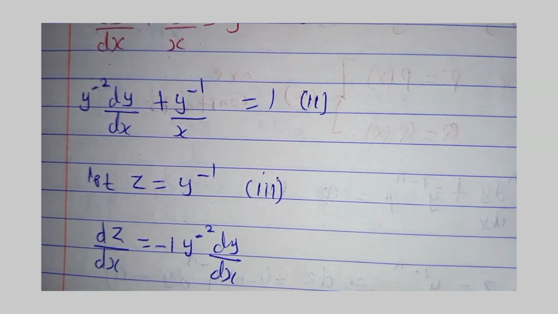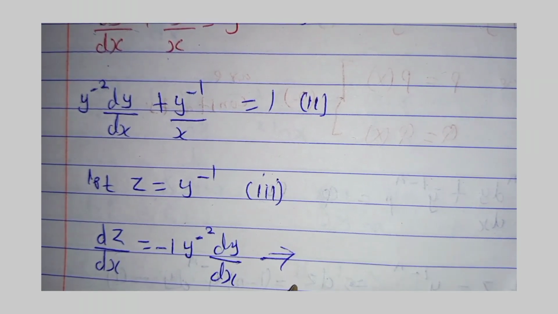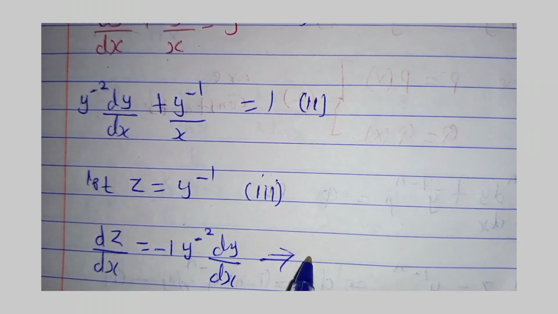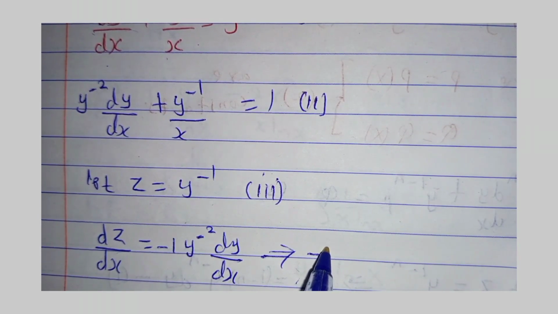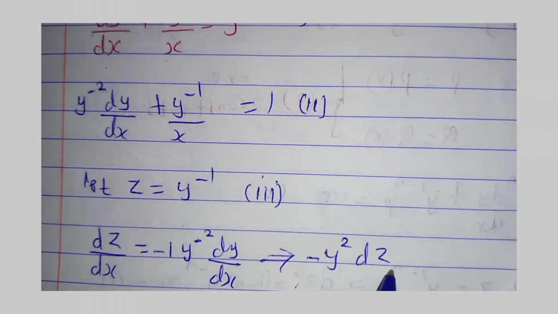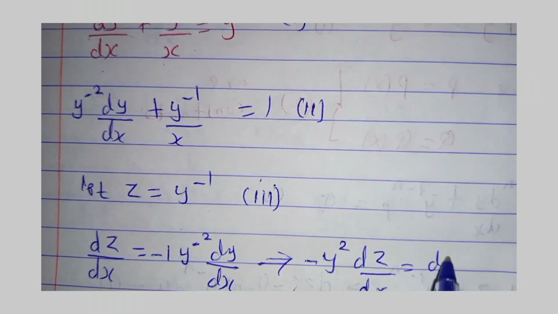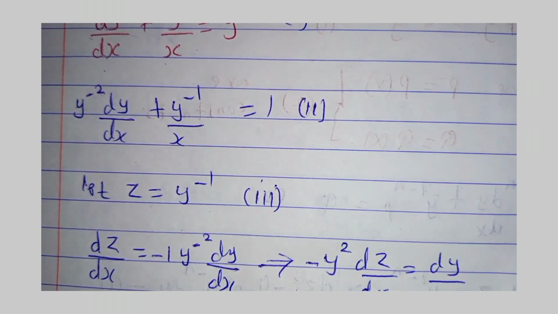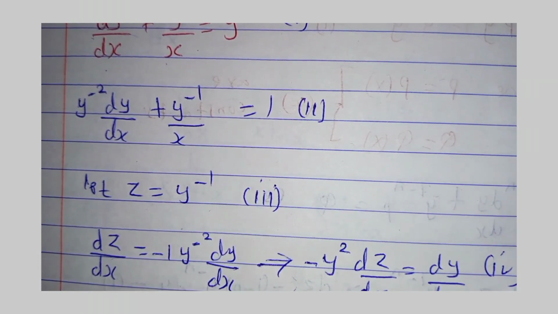Then from here we can divide both sides by negative y power -2 to get negative y squared dz over dx is equal to dy divided by dx. So this is 4. We call this equation 4.